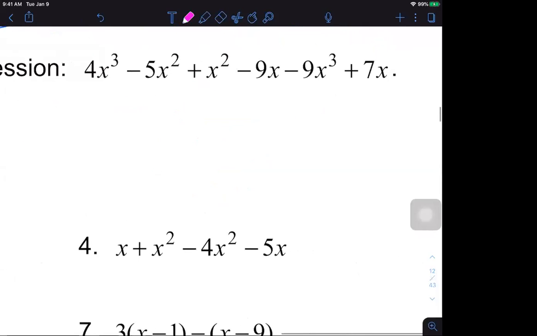Can I have a volunteer to read off all the coefficients, working from left to right? 4, -5, 1, -9. Or my bad, I didn't mean to get that fast. And -9 and 7. Perfect. So reading across, very good, Mr. Foskey. We had 4, -5, 1, -9, -9, and 7. Those are our coefficient terms.